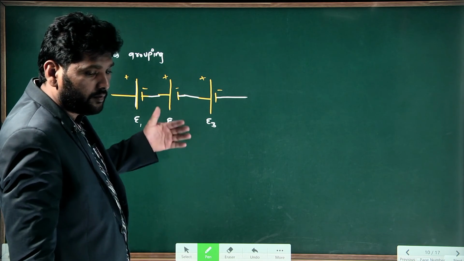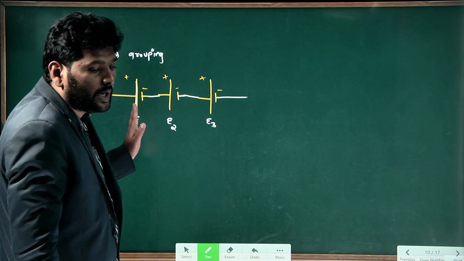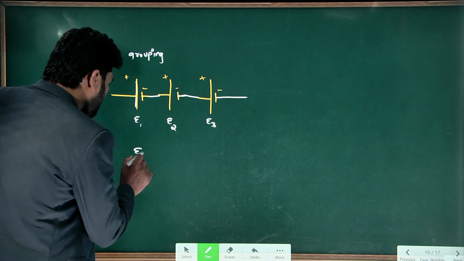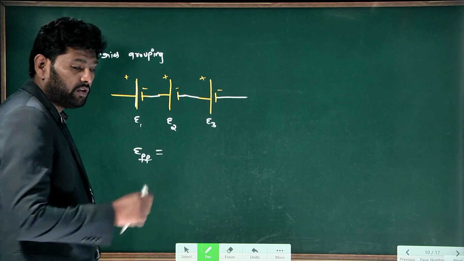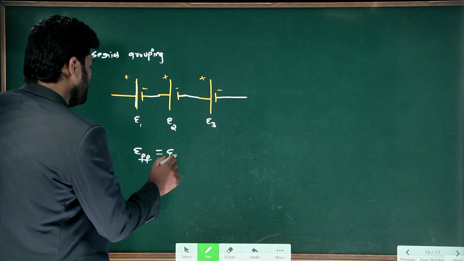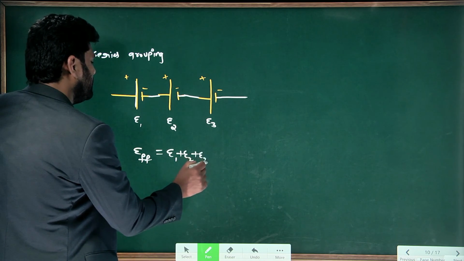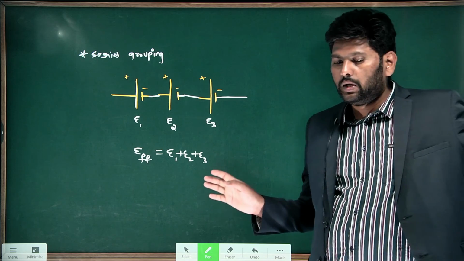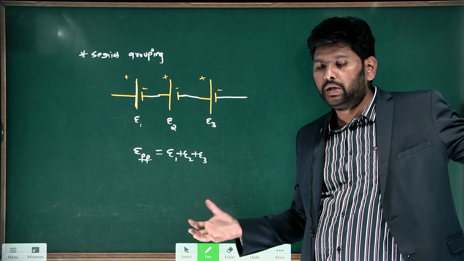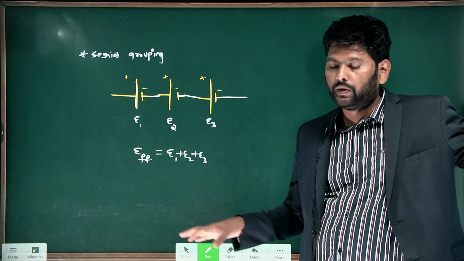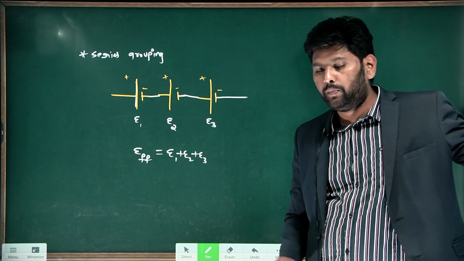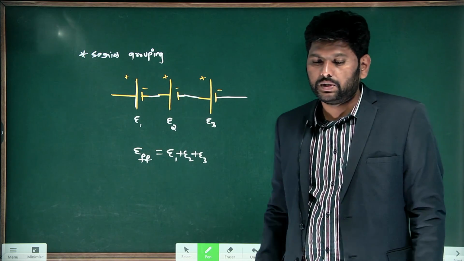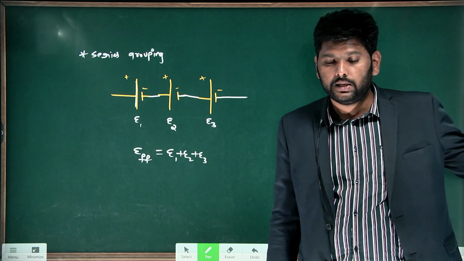Each cell has its own EMF value, but in series you get an effective EMF of E1 plus E2 plus E3, the sum of the EMFs. This means you get a higher potential with a series connection of batteries.